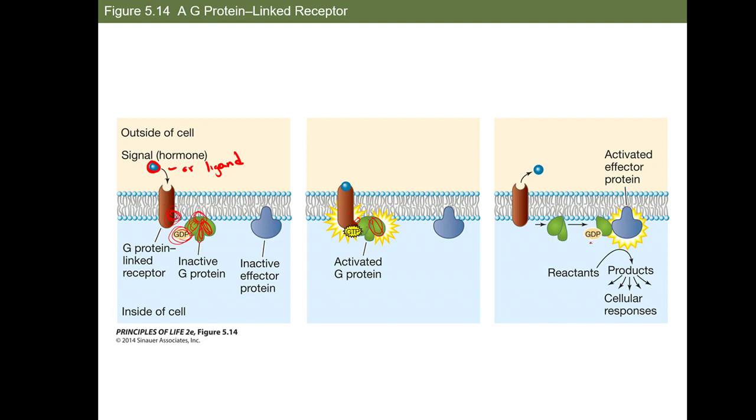It gives up its phosphate to go over here and energize the effector protein, which then can convert reactants into products, which go each creating cellular responses of their own.